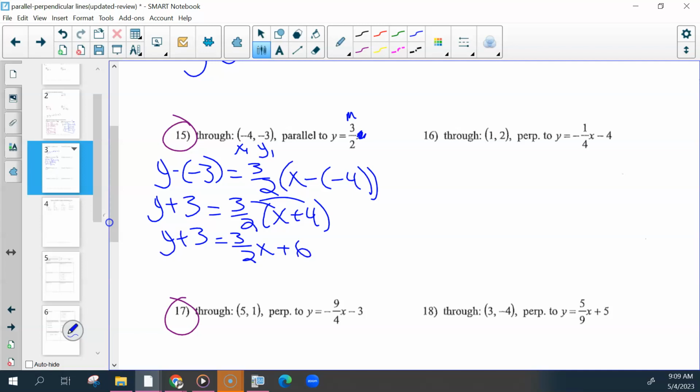And then get rid of the 3 by subtracting. You have the equation that is parallel to the original. Questions on that one?